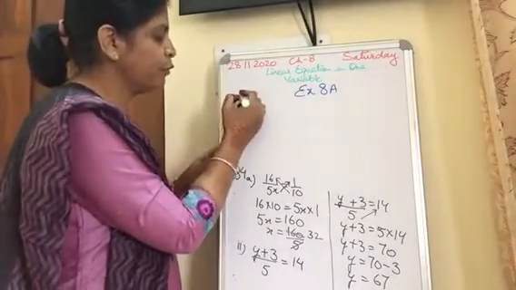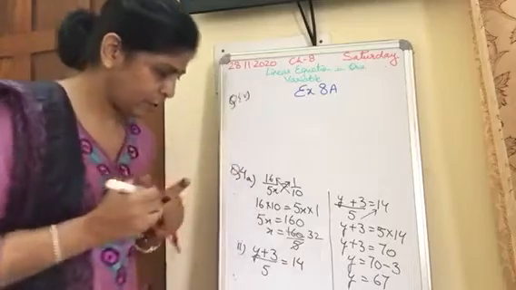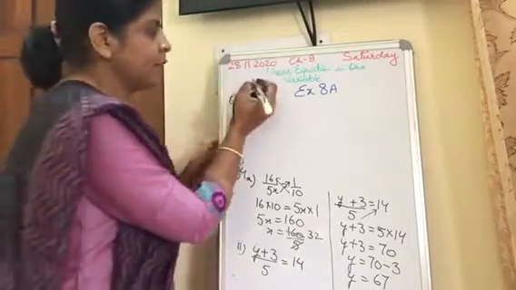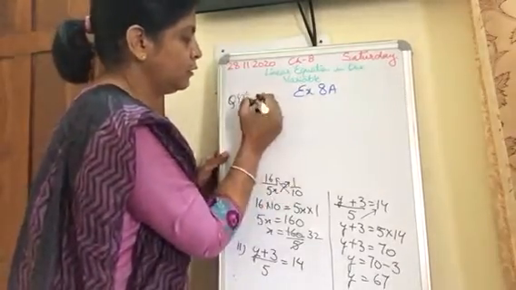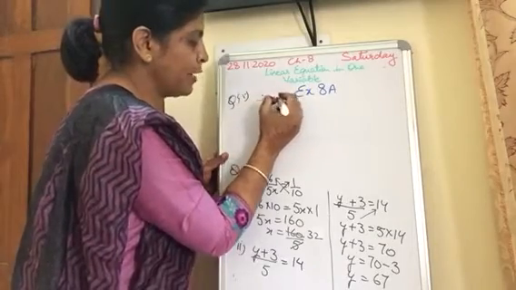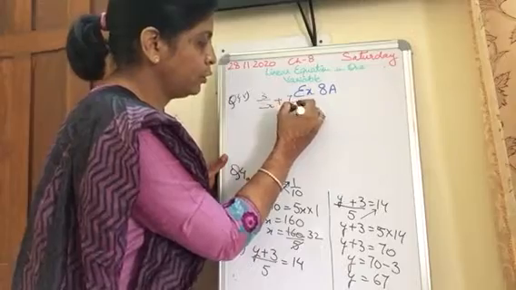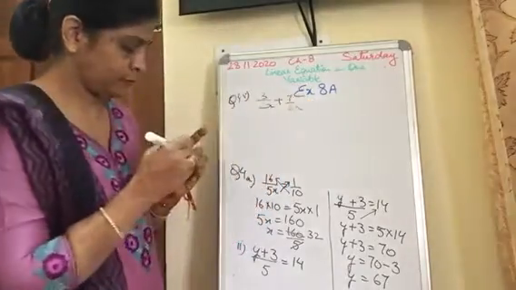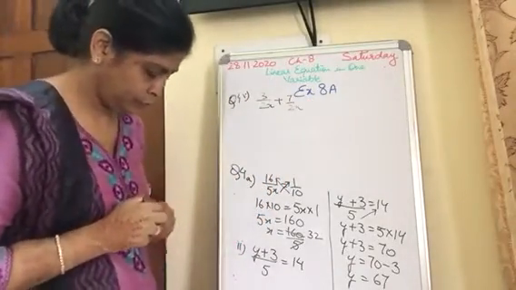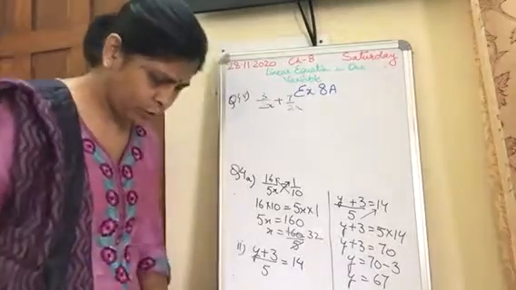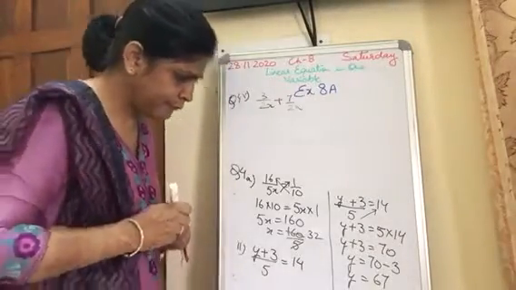Now question number 4, fifth part. The fifth part says 3 by 2x plus 7 upon 2x equal to 5.